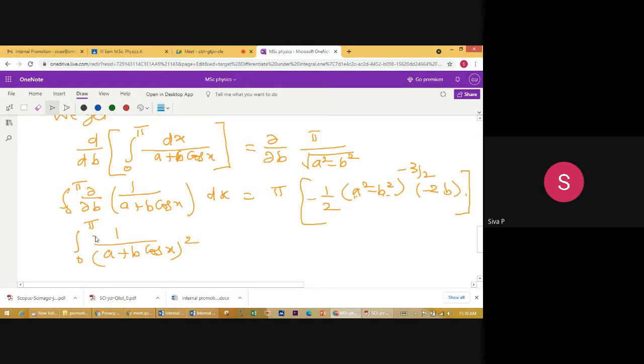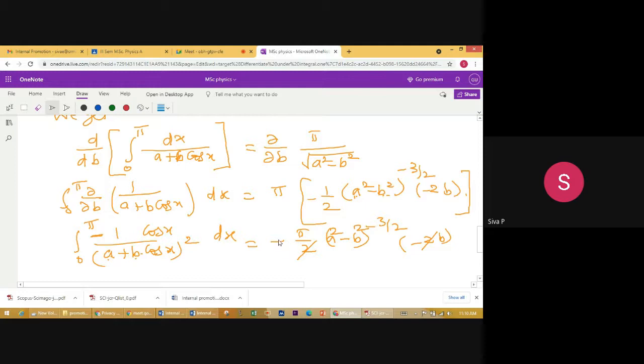If you are differentiating a plus b cos x with respect to b, a is constant so 0, and cos x is multiplied, therefore write only cos x here dx. That is equal to the remaining things: minus pi by 2 (a square minus b square) whole power minus 3 by 2, minus 2b. So this 2 gets cancelled.